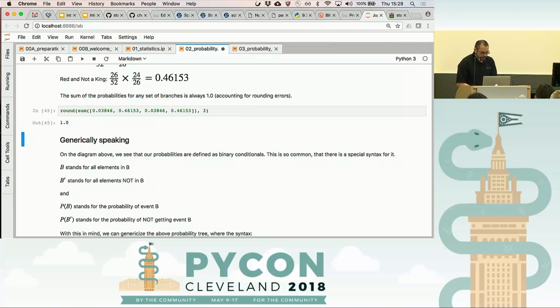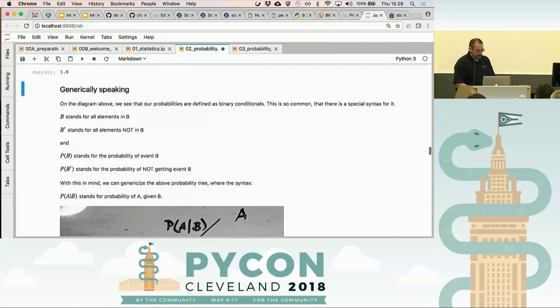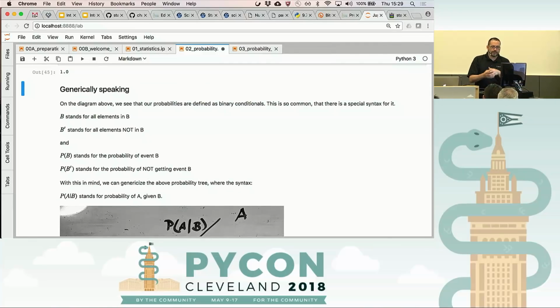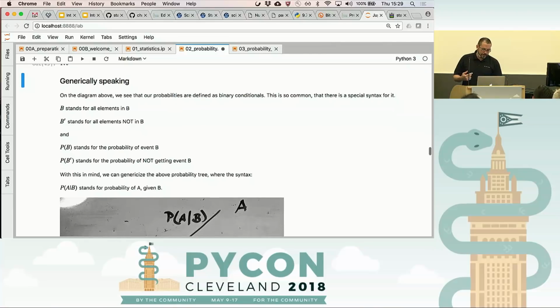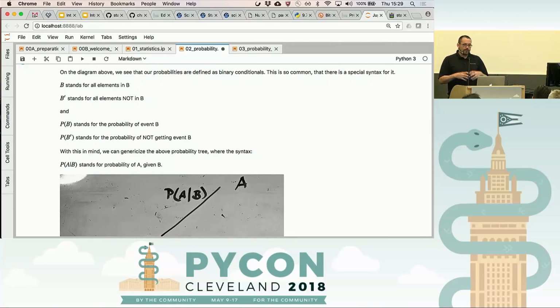Right? Okay. Now, when we draw probability trees, sometimes we draw generic probability trees. That other one was specific: king, not king. So you'll see this kind of nomenclature and syntax. If I care about all the elements in a group called B, anything that's not in that group, you'll often see referred to as B prime.